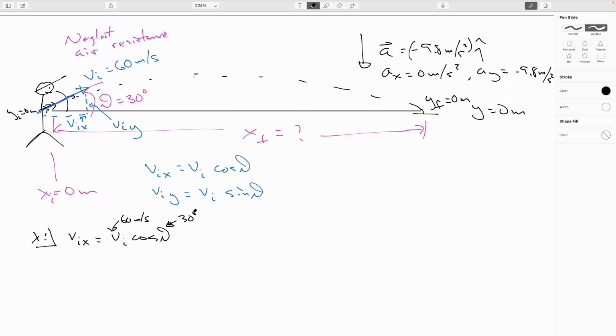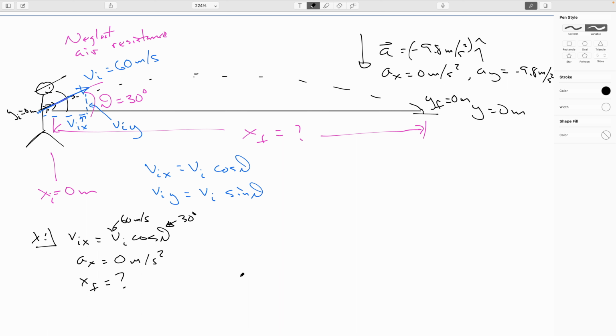Same deal, I'm going to be lazy putting that in right away just because I want to stick all the numbers in the calculator at the end and no sooner. But anyway, this is a thing we know. We know that a sub x is equal to 0 meters per second squared. We're being asked to find x final.